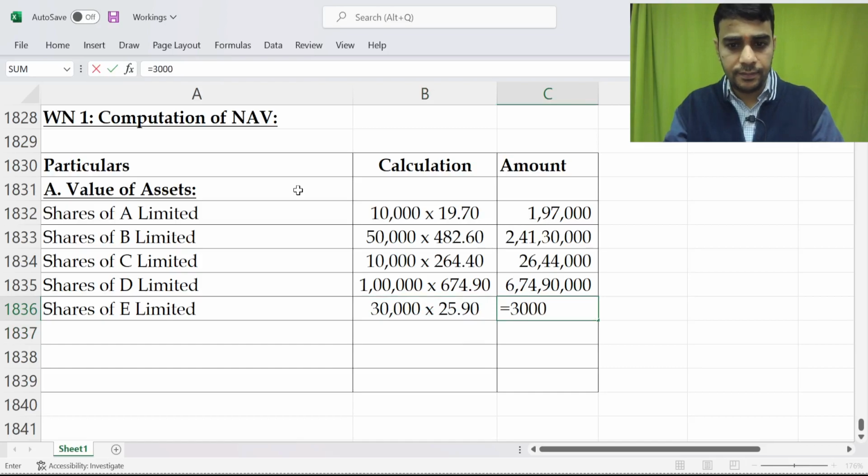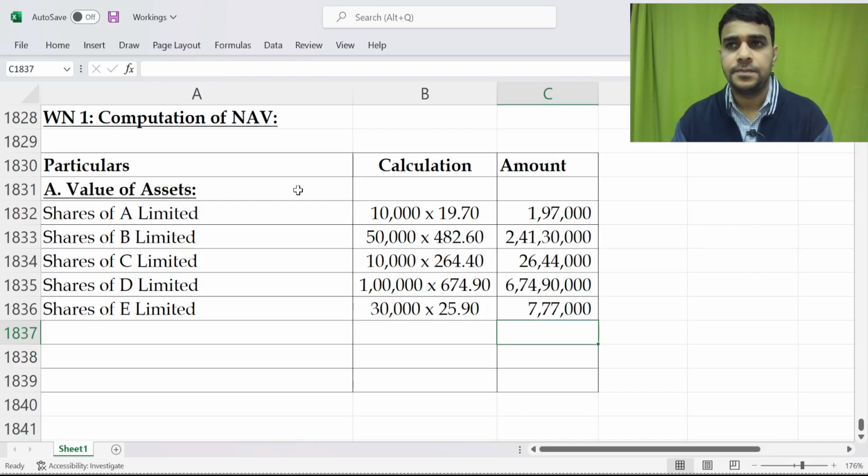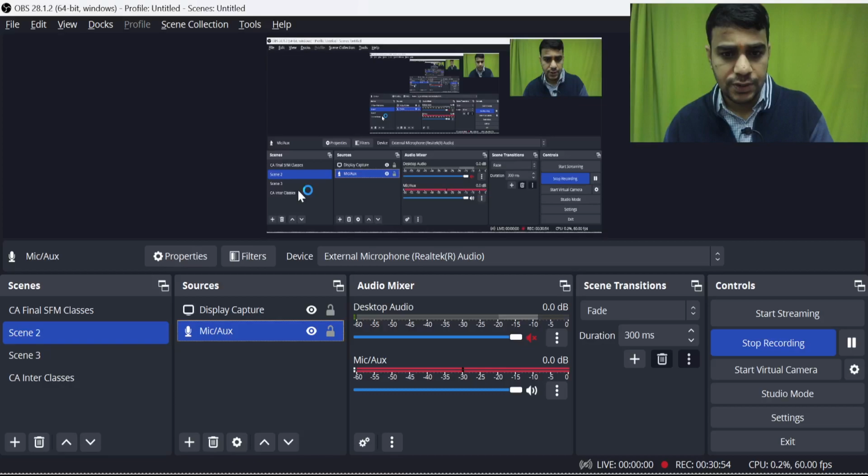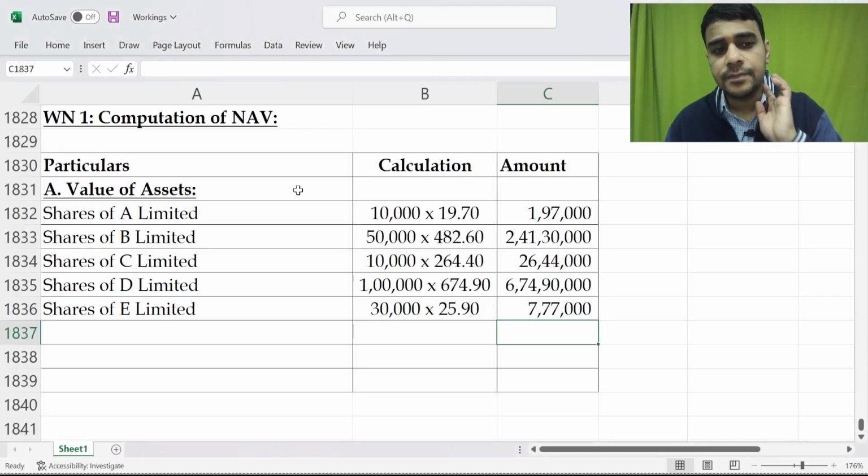Values are given. Values are there in the question. We just need to take them and then complete it. Any doubts on this?